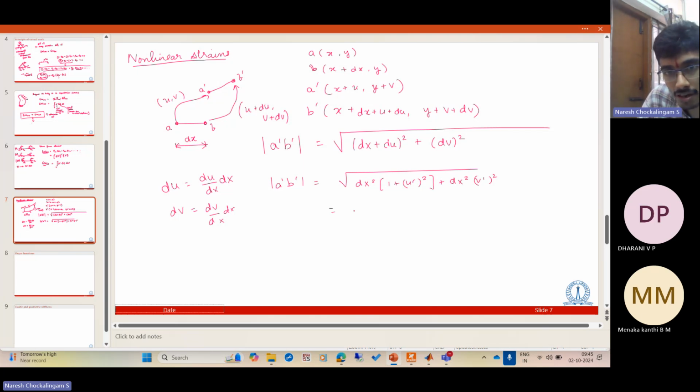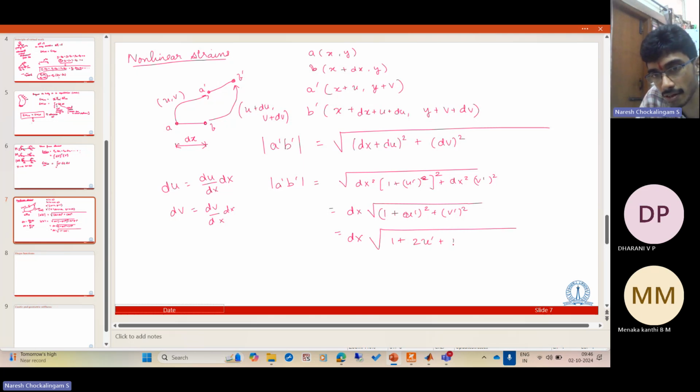So I can take this dx out, and what we have inside is 1 plus u dash the whole square plus v dash square. So expand it, you'll get dx into square root of 1 plus 2u prime plus u dash square plus v dash square. Now we want a measure of strain.